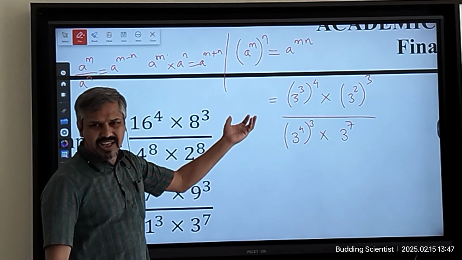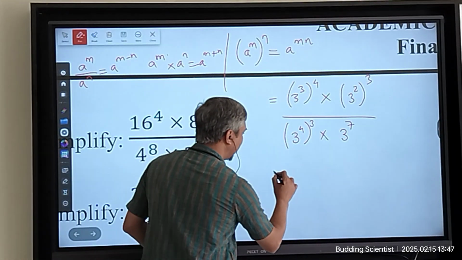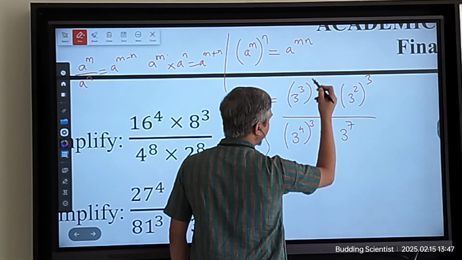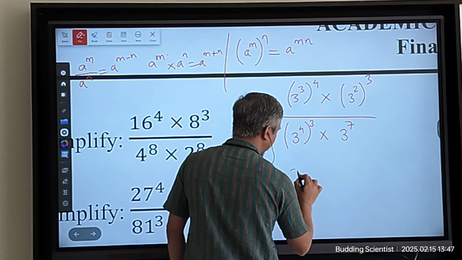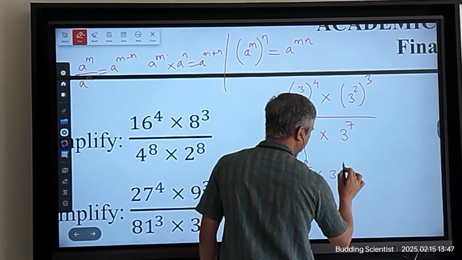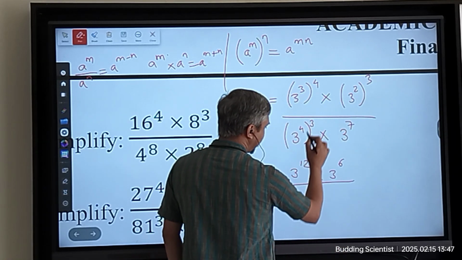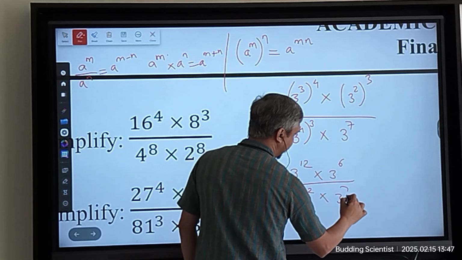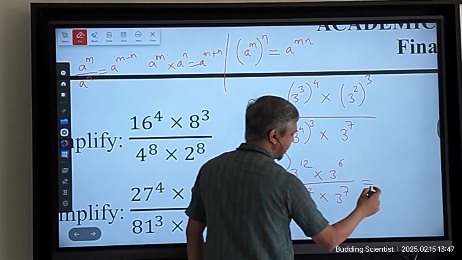It's again based on the same kind of logic, same understanding, same methodology. 3 raised to 3 bracket raised to 4 is 3 raised to 3 into 4, 3 raised to 12. 3 raised to 6, 3 raised to 12 into 3 raised to 7. 12 plus 6, 18.